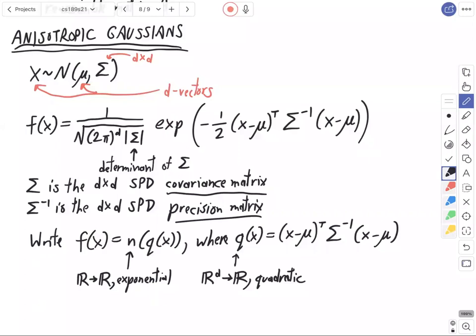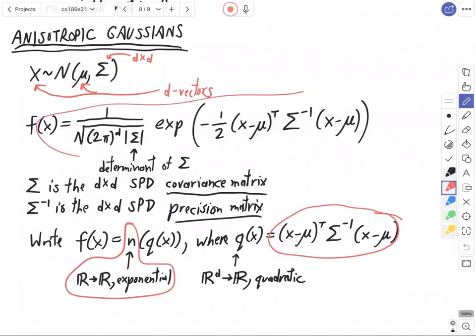So Q is something we understand now. It's just a quadratic bowl centered at the mean mu, and it is the quadratic form of this precision matrix sigma inverse. The other function, n, the important thing to understand about n is it's not going to change the isosurfaces. It will change the iso values, but it won't change the shape of the isosurfaces. So everything we've learned about the ellipsoidal shape of these isosurfaces will apply to the whole thing as well.